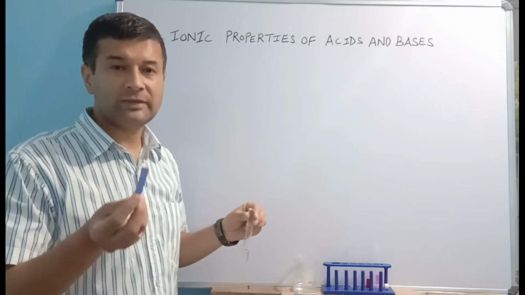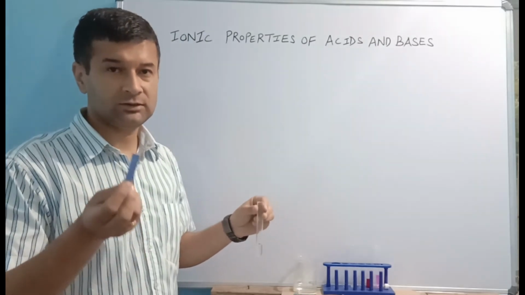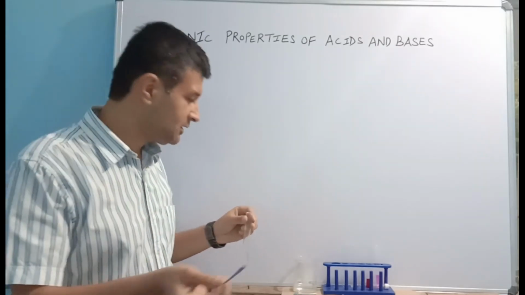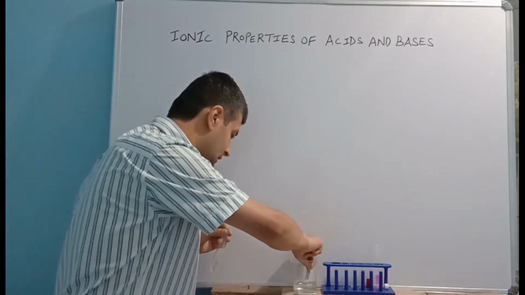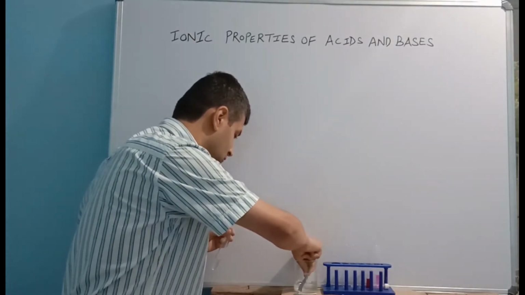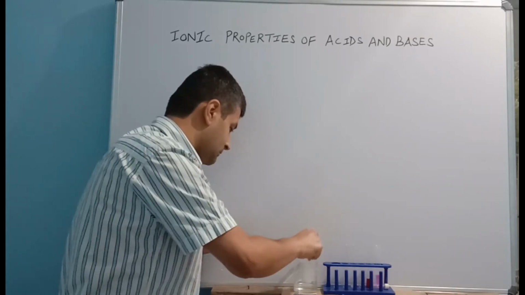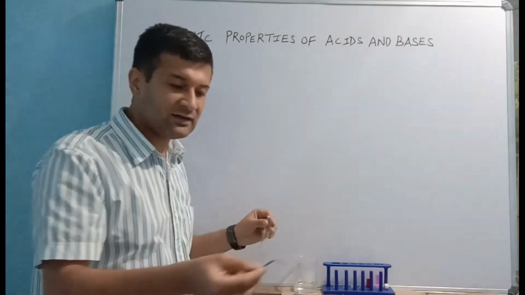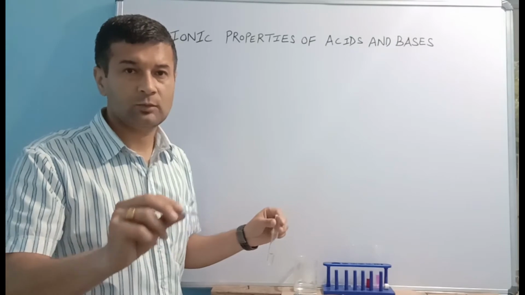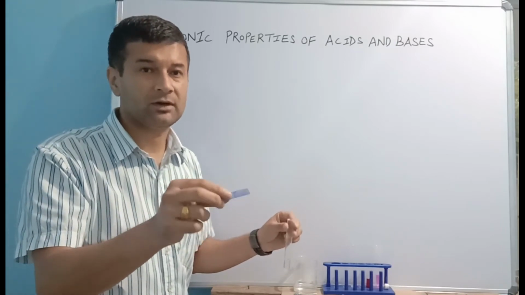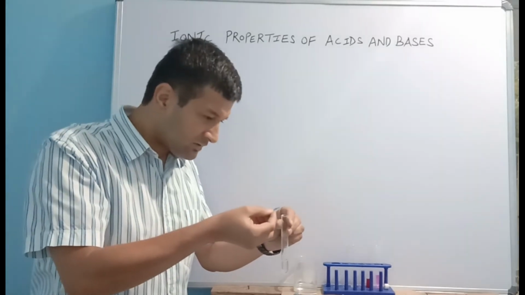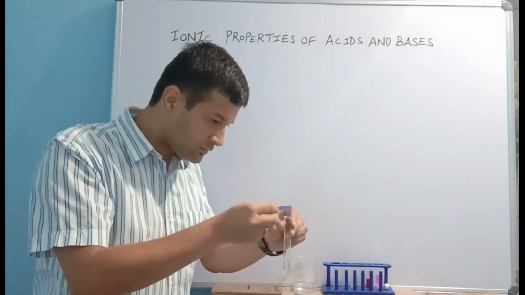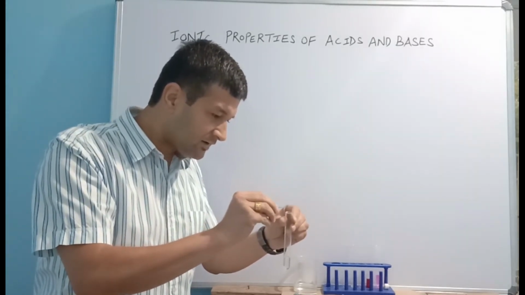Now I am going to make this litmus moist or wet. So I have taken water in the beaker and I am making it wet. So you can see that now this is wet blue litmus paper. Now let's see what happens when I bring this close to HCl gas.